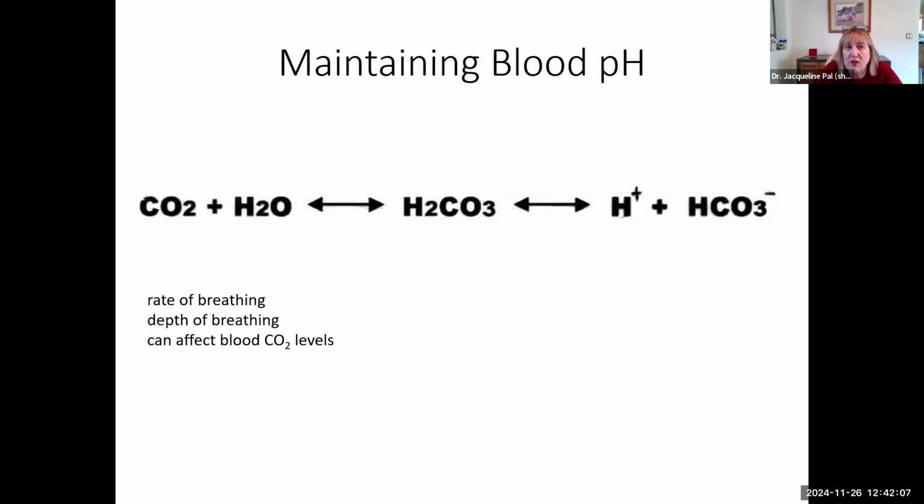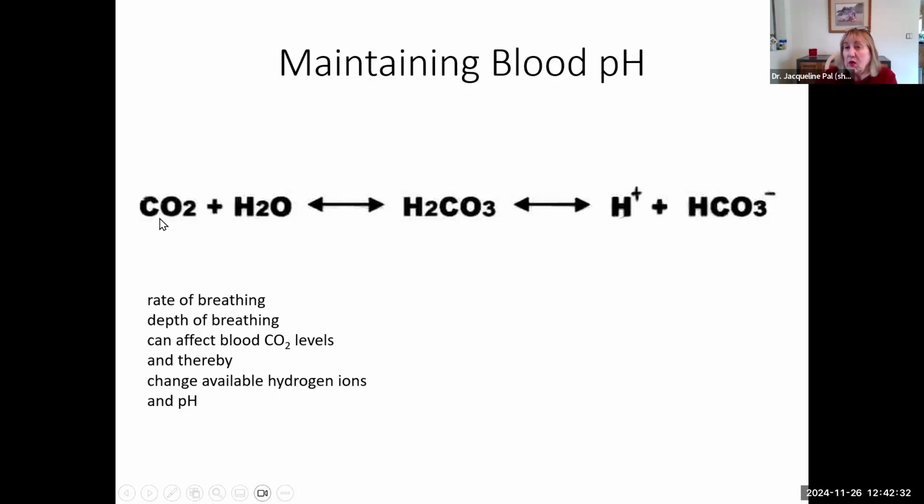But if we don't want to blow off as much CO2, we could just slow down our rate of breathing, and then our carbon dioxide levels would go up. And so by affecting the rate of breathing and the depth of breathing, we can change how much available hydrogen ions there are and therefore change our pH. So how does that work?